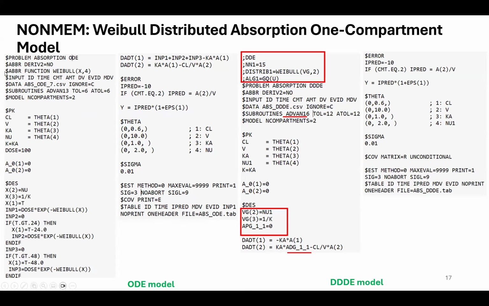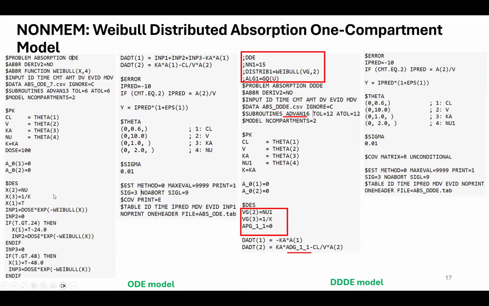The only advanced feature I would say is this Weibull function, where I use the built-in function Weibull in NONMEM to calculate these delay Weibull inputs, which are coded using this if statement. The only thing I wanted to point out is that Weibull returns the negative log of the Weibull PDF, so you have to kind of convert it back.